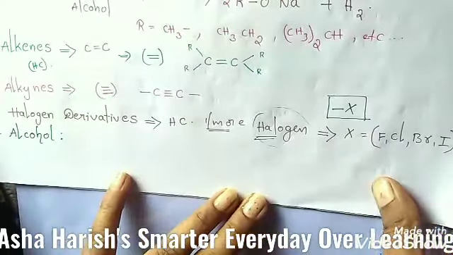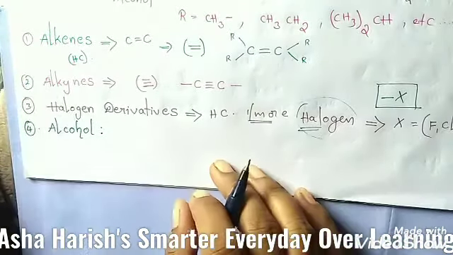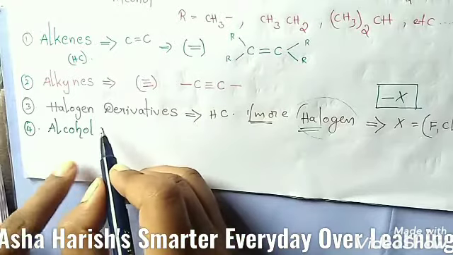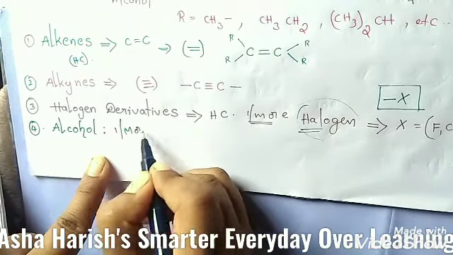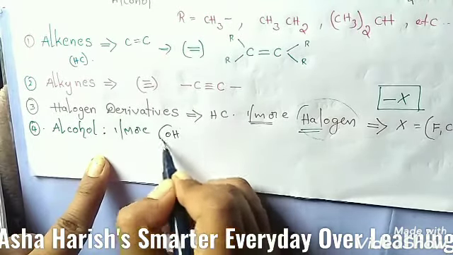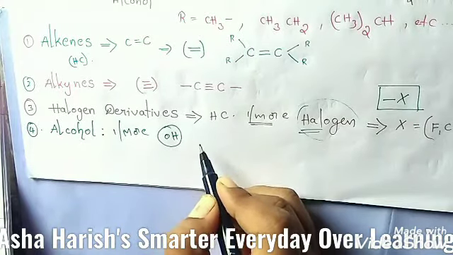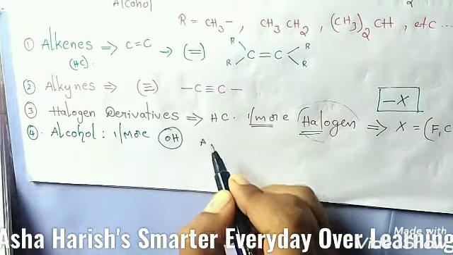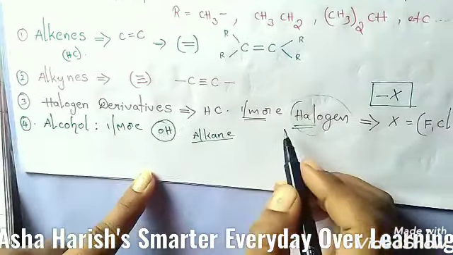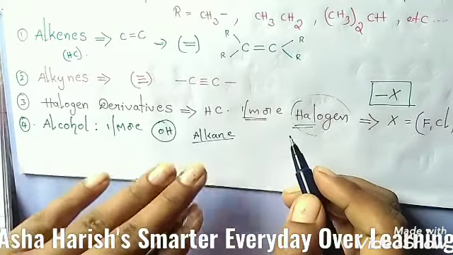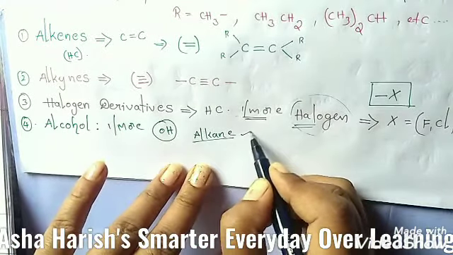Okay, right. And the next one, the fourth one, is the alcohol group. Alcohols are the family of compounds that contain one or more OH groups. You can remember it very carefully: OH groups attached to a single bonded alkane. Alkane, you know very well, means there are only single bonds between the carbons.